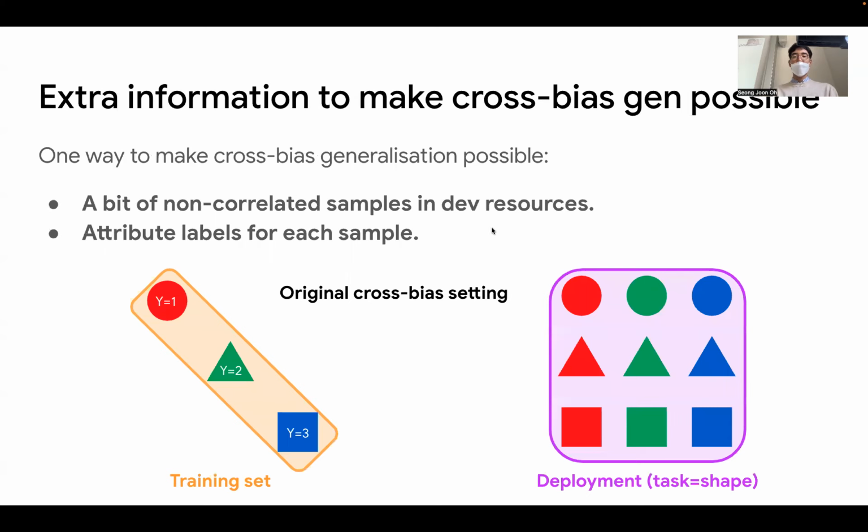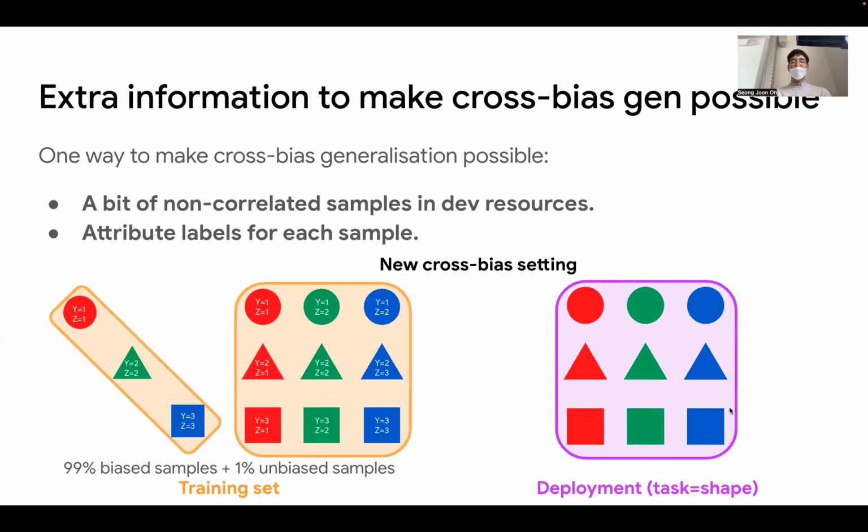Extra information is needed to make cross-bias generalization possible. One way is to include a bit of deployment samples into the training samples, so it's a little bit of cross-bias generalization plus in-distribution generalization samples during training. So you have 99% biased samples and 1% unbiased samples.